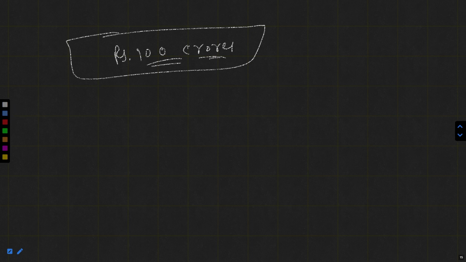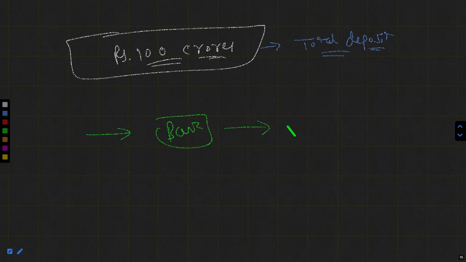Okay, suppose 100 crores is the total deposits the bank has. If we talk about the general function of the bank, what does the bank do? These are the loans, these are the deposits.